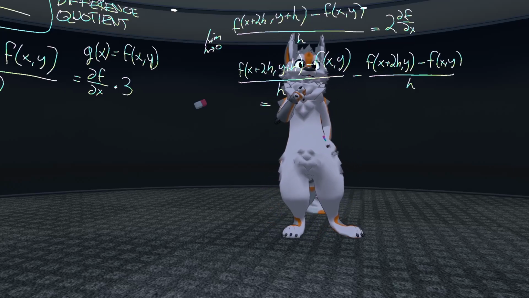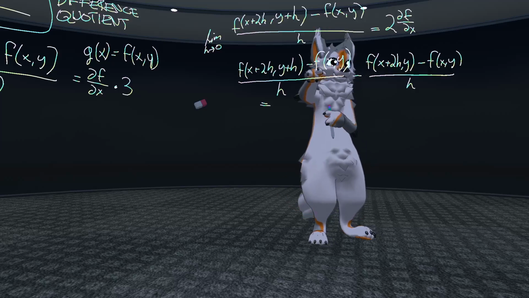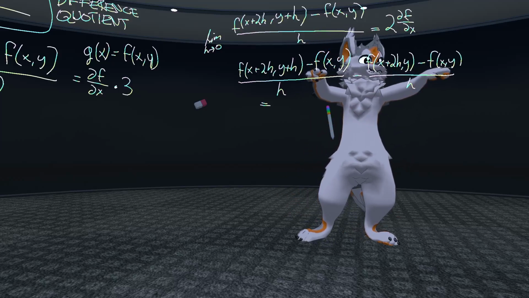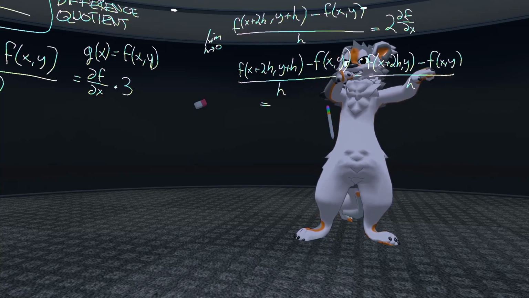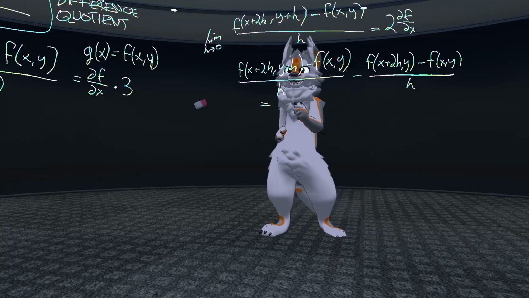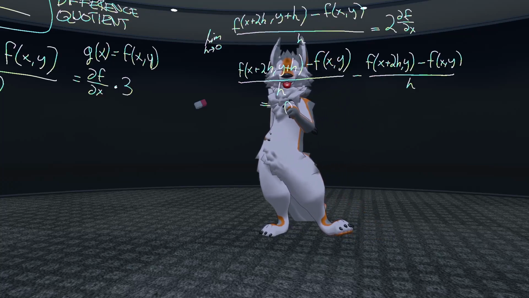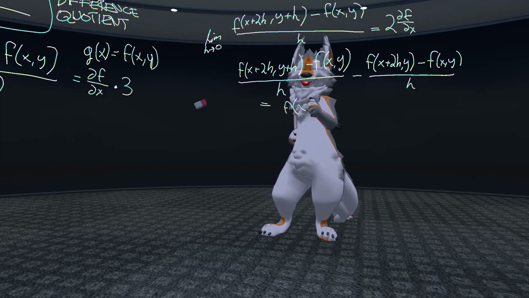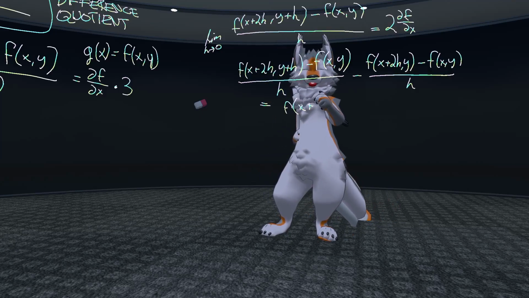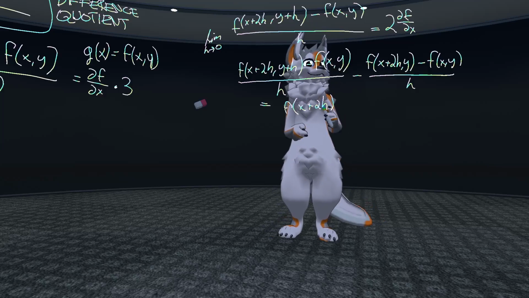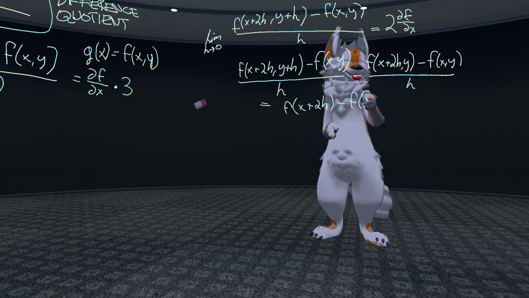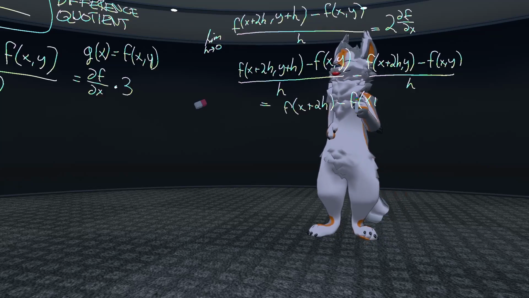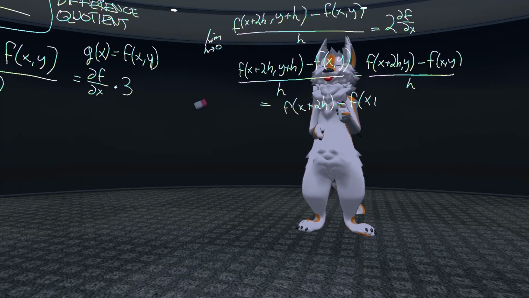Let's notice that since there is a minus here and a double minus here, these two terms will cancel out. And then what we're going to be left with is f of x plus 2h, and then we're going to have minus f of x plus, sorry, let me think about this.